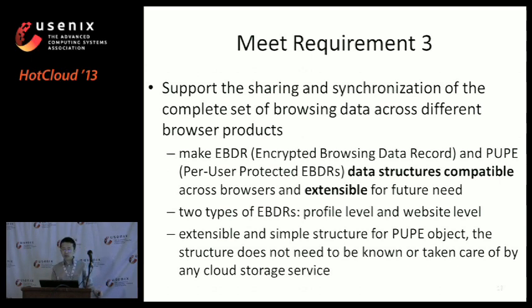So basically, for the different types of browsing data records, and for the concatenated encrypted data record for that data object, we want to make sure the data structures are compatible across different web browsers, and also that the data object saved to the cloud storage service provider will be extensible. Basically, the service provider does not need to care about the structure of the data saved to them.